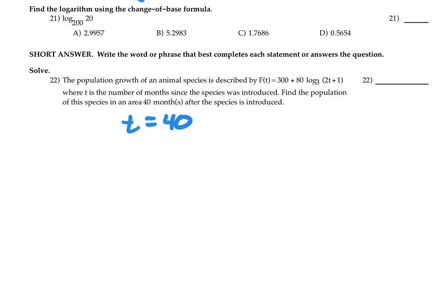The only difference is this is a log equation. The one we did earlier was an exponential equation. So when we plug this one in, it's really just an order of operations question. This is assumed to be a multiplication between the 80 and the log. It doesn't show us multiplication, but it's assumed to be there.